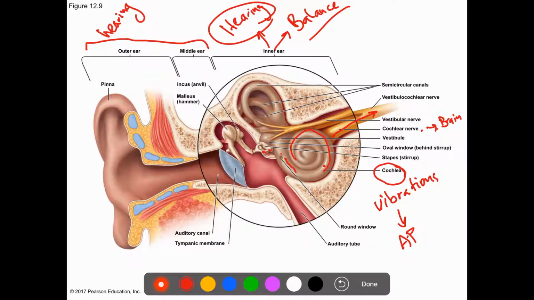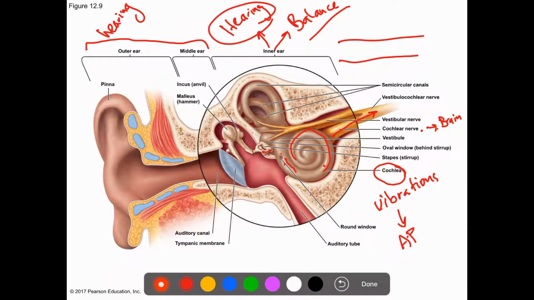For the cochlea, as you can see, it's like a snail. And if we uncoil it, it will be like a long tube.